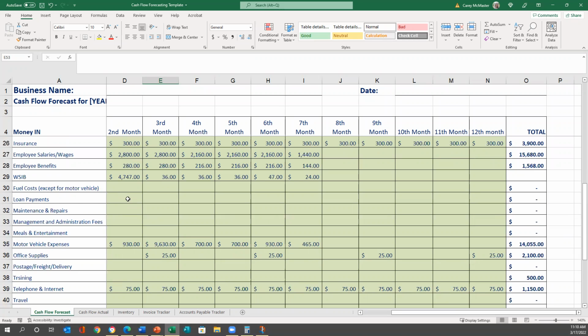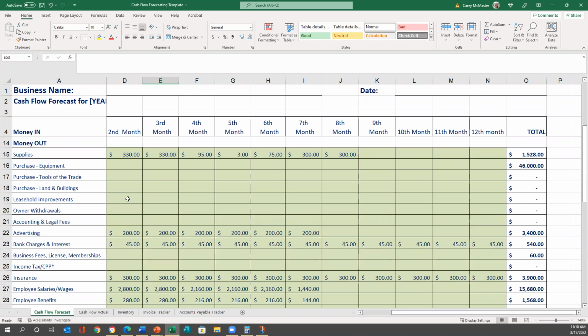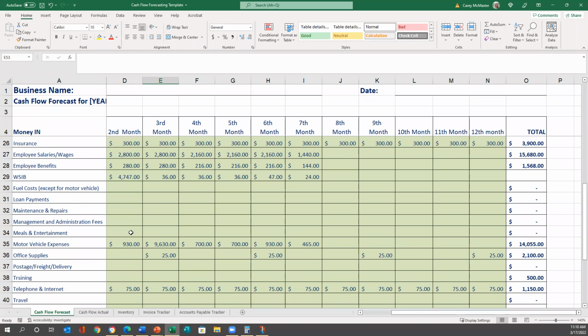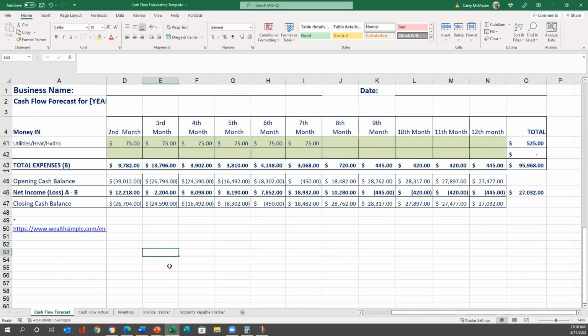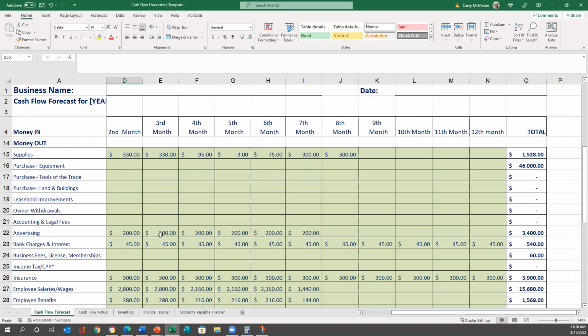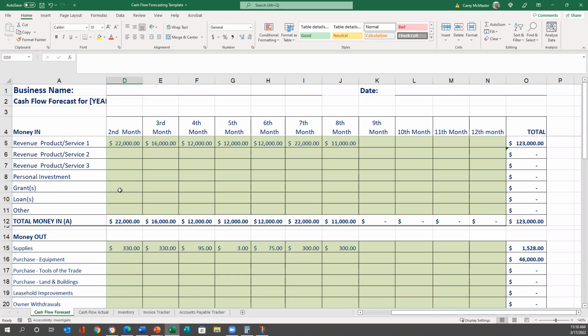So let me think what I want to do here. Okay, so for the loan payments I'm going to pay out, based on this information, I'm going to need at least $25,000 as a loan. So let's put that up here and see what happens.